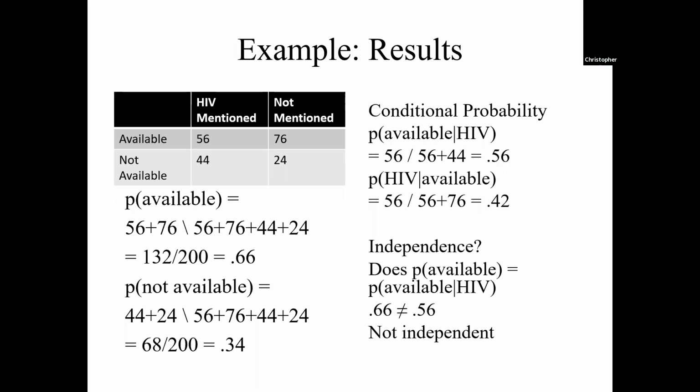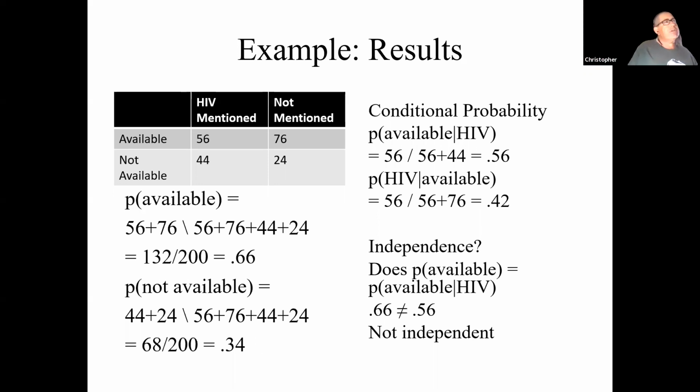With the independence rule, what we're going to ask is whether the probability of something being available was affected by HIV status. That is, were people more or less likely to be told the apartment was available if they had HIV? Well, to do that, we just compare the probability of available overall to the probability of available given that they had HIV.